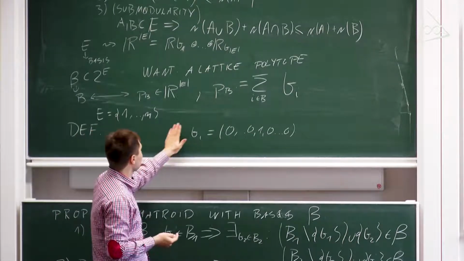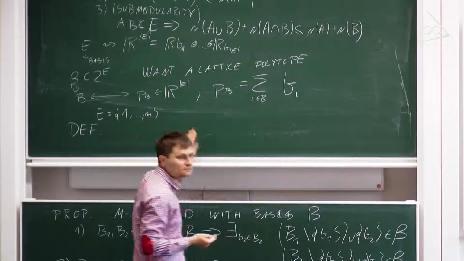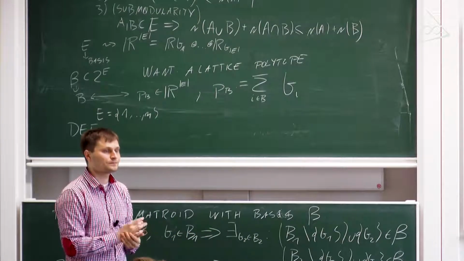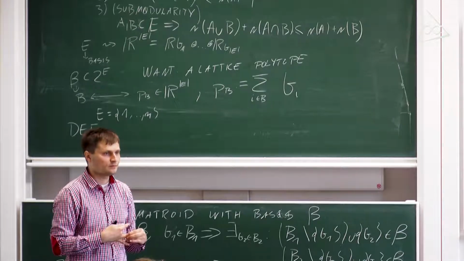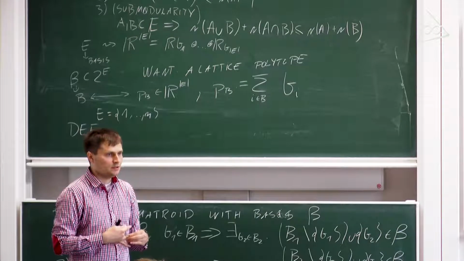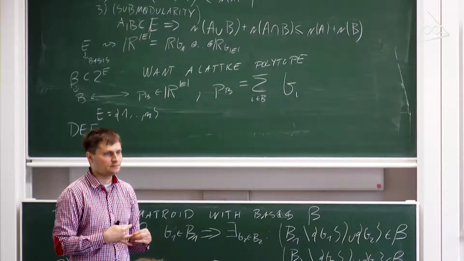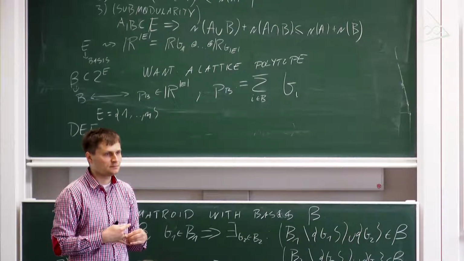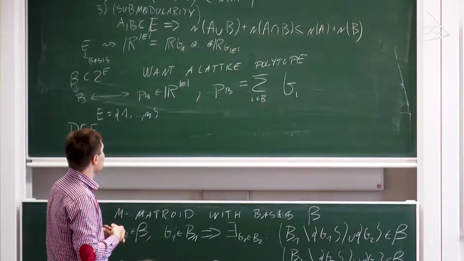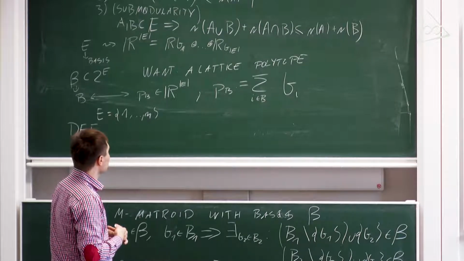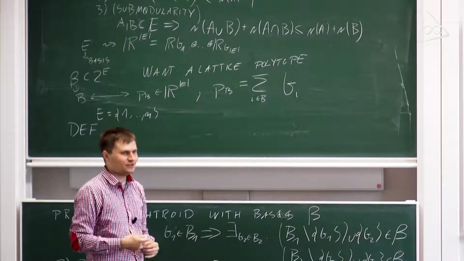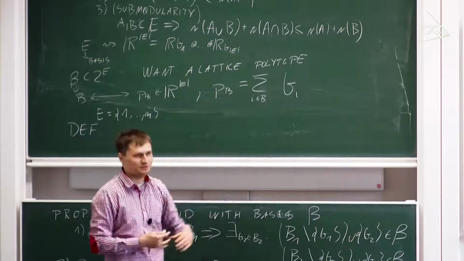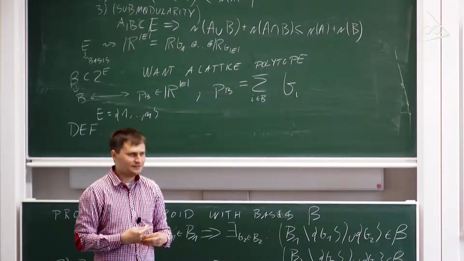So can I ask, you could have defined it as the vector space with basis the elements of E, without choosing coordinates. Yes. And for instance, P_B in this case would have been just the sum of the b_i's corresponding to elements of B. Yes.